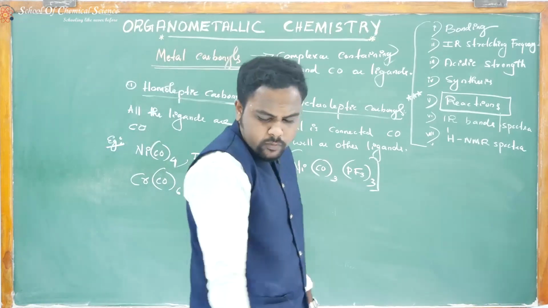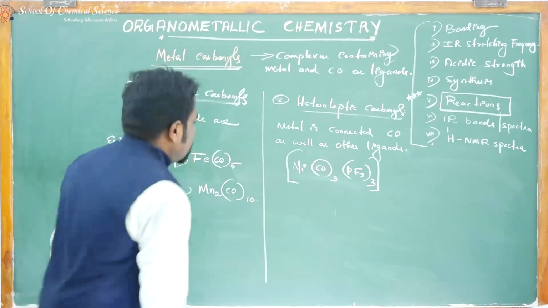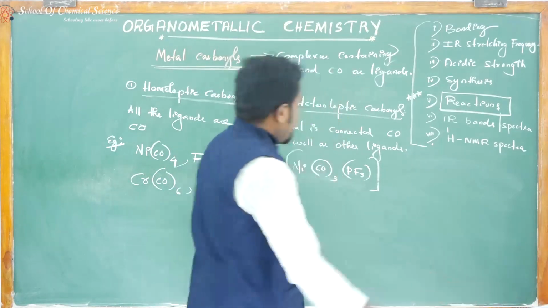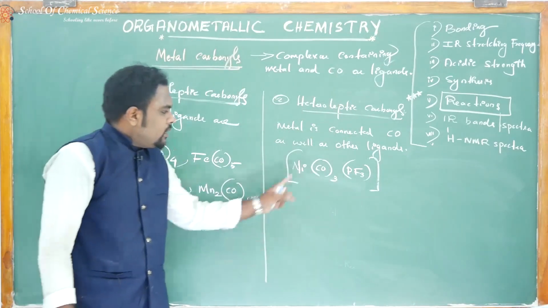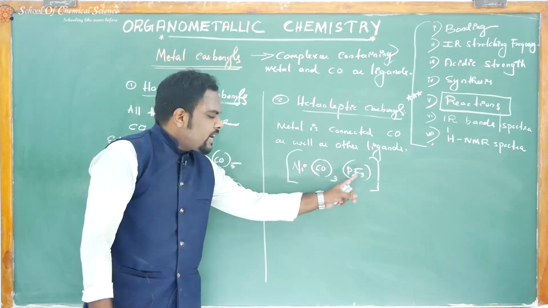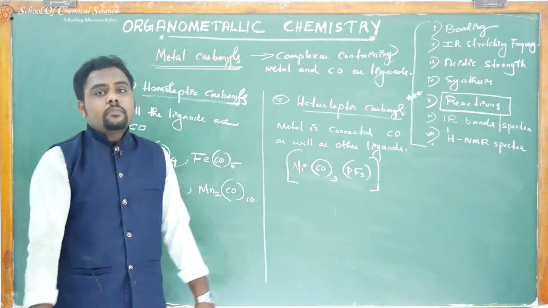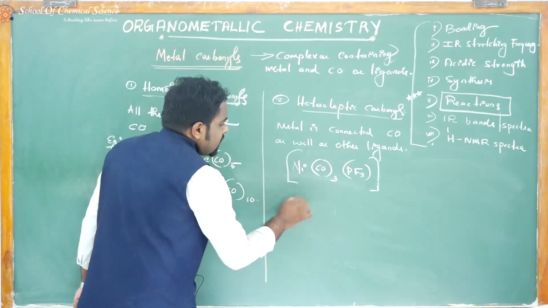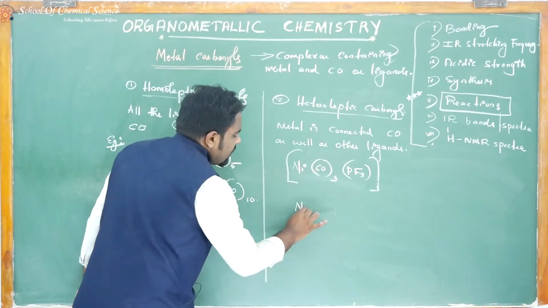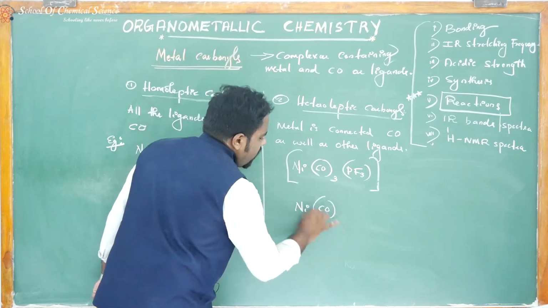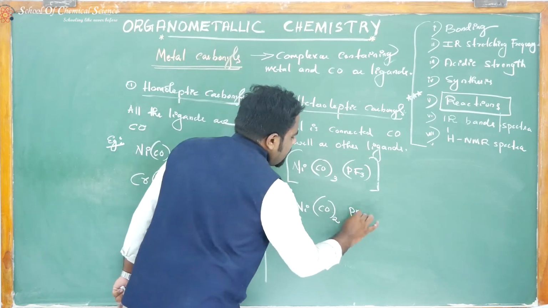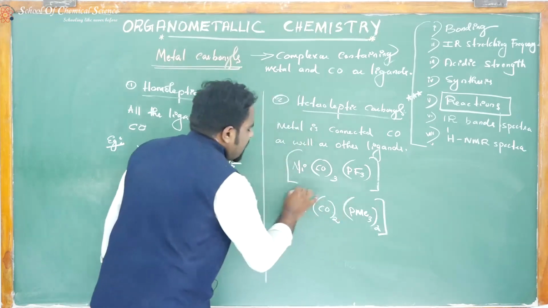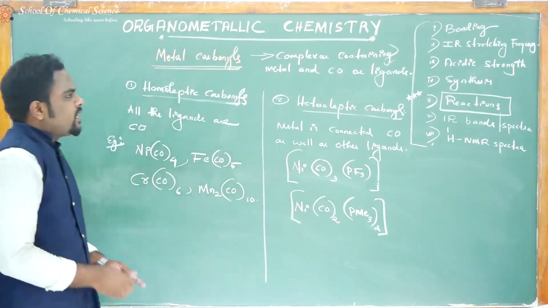Nickel mostly forms coordination number 4. So 3 ligands are carbon monoxide and 1 ligand is another ligand, PF3, trifluorophosphine. Then next example, Ni(CO)2(PMe3)2. These are examples of heteroleptic carbonyls.